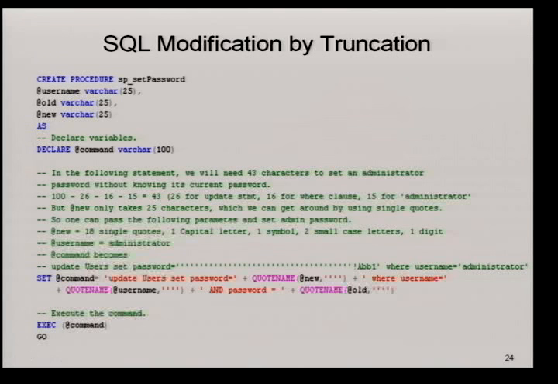Let's say we know the existence of an administrator account in the app. Because QUOTENAME is going to add the delimiters in the beginning and in the end, single quote, administrator, single quote consumes 15 characters. Now we need 100 minus 26 minus 16 minus 15, that is 43 characters, so that we could truncate the command right after where username equals to.